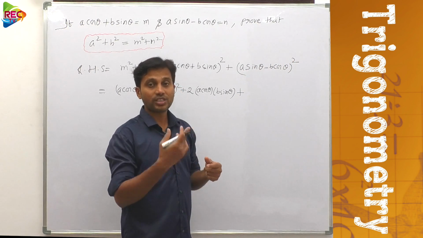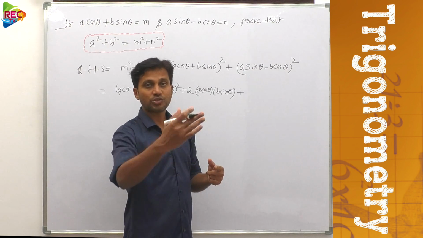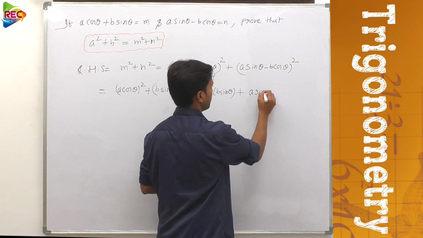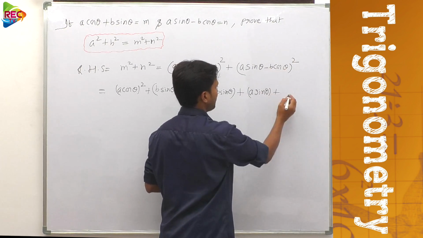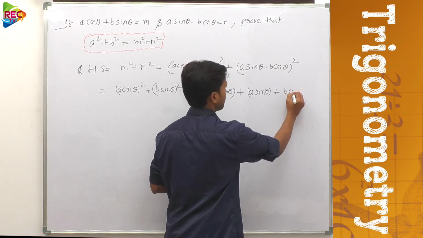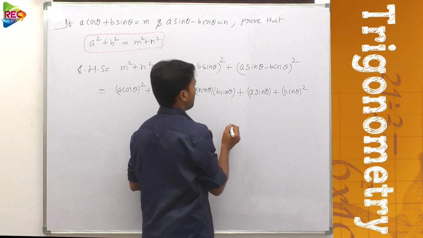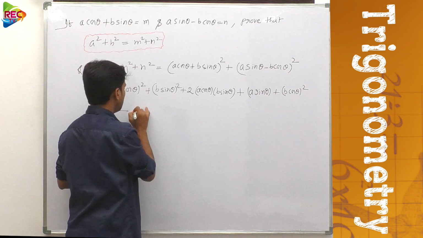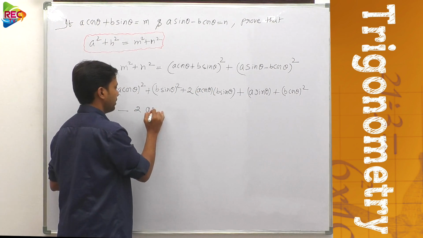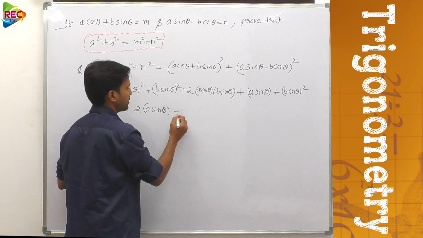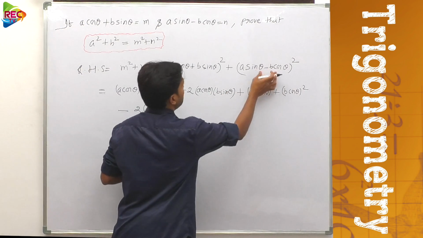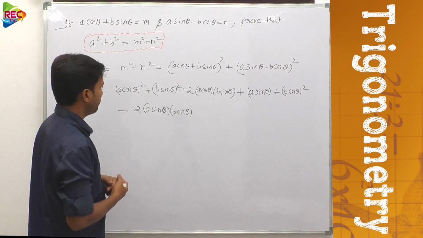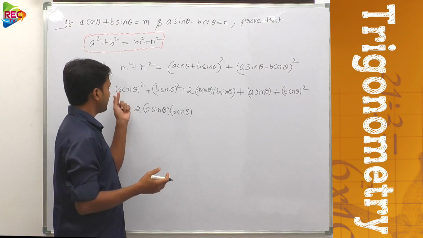So we need to expand that using the formula a square plus b square minus 2ab. a square means a sin theta whole square, plus b square, that is b cos theta whole square, minus 2ab, 2 into a sin theta into b cos theta. Now we opened the brackets. Now let us solve it further.